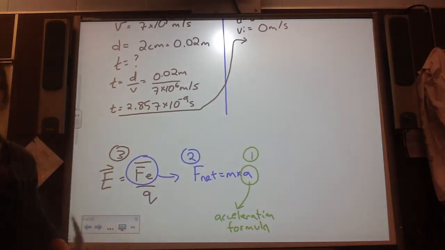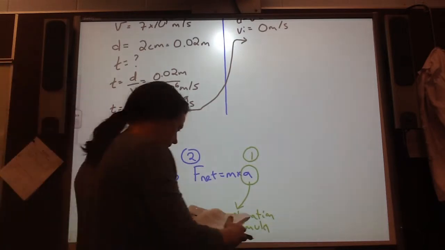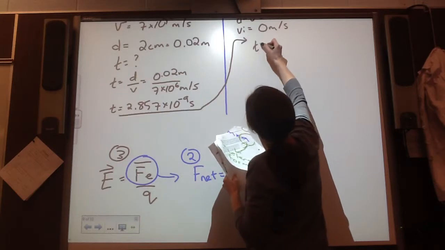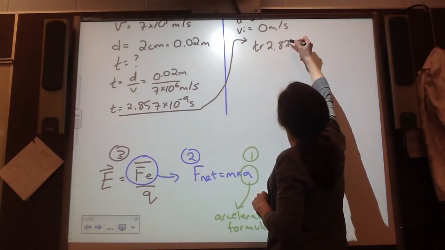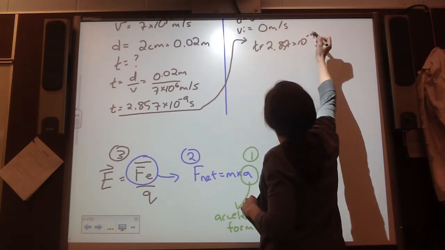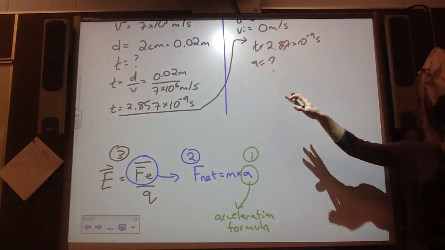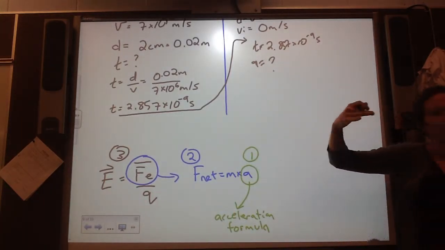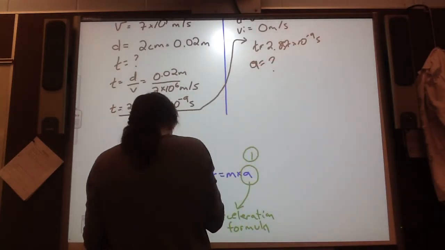We can take this information over and use it for our vertical side because time is the same for both. And so I'm going to try and find acceleration on my vertical side so that I can use that in my F net equals m times a.